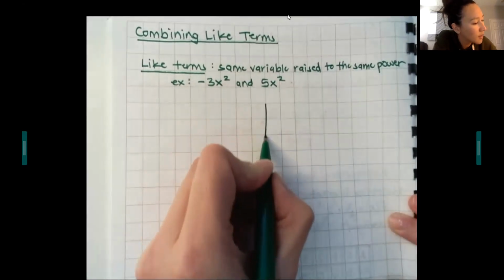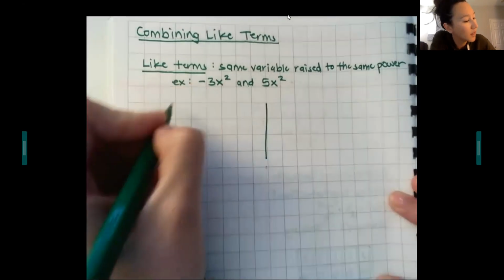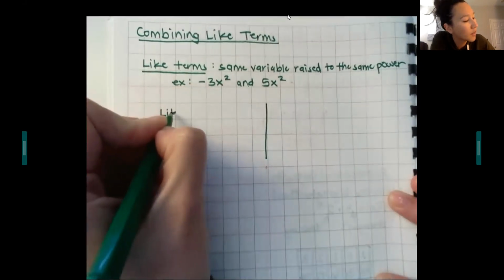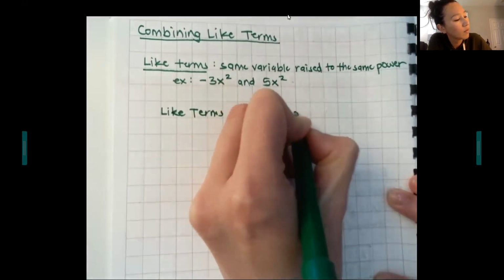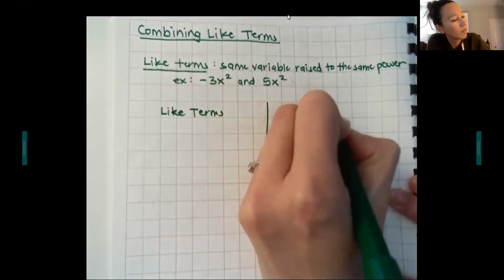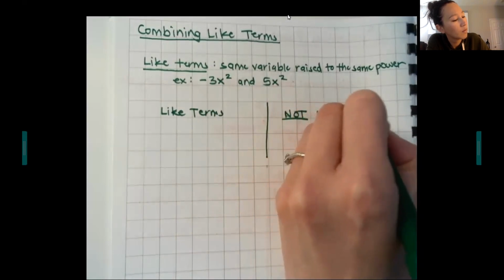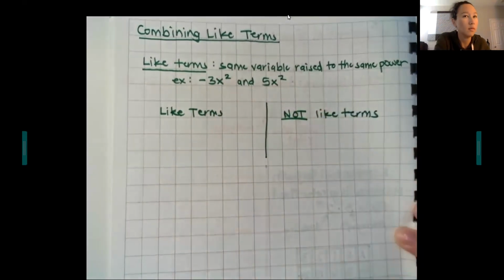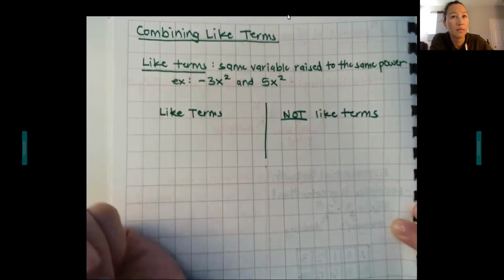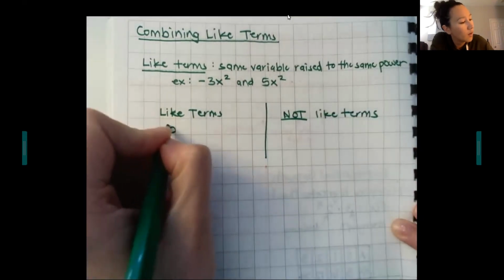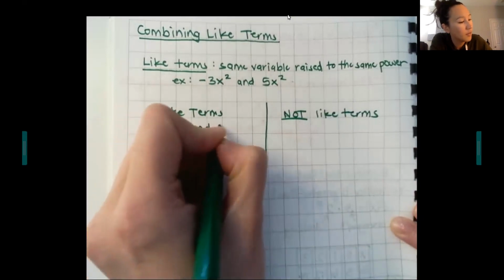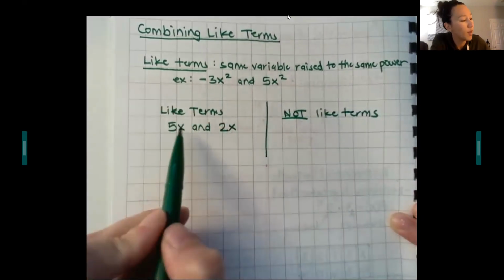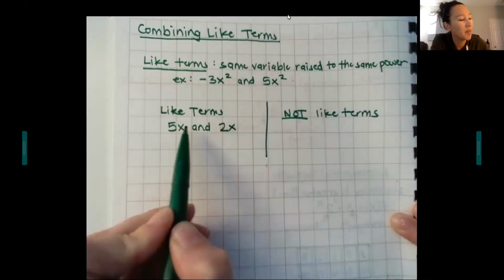So let's go over some things that are like terms and things that are not like terms. So 5x and 2x. They both have the same variable x to the same power of 1.